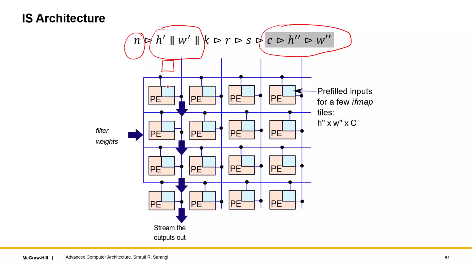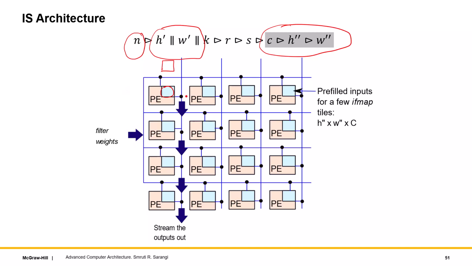And then what you would do is that you broadcast the filter weights. So the filter weights are broadcast to each and every PE.